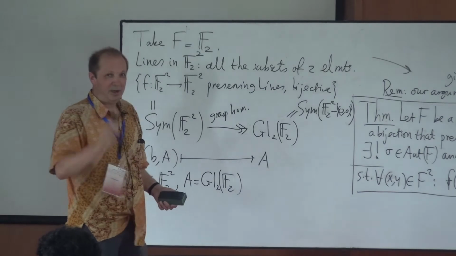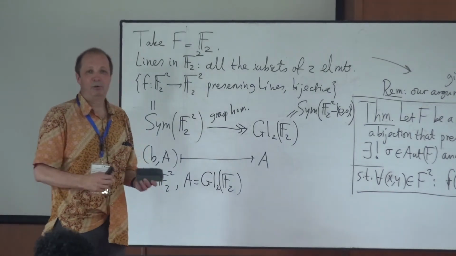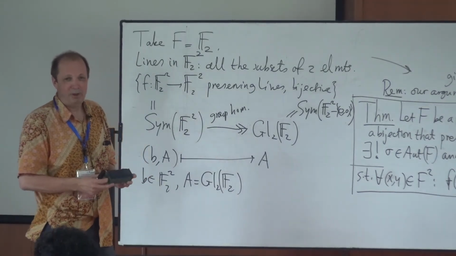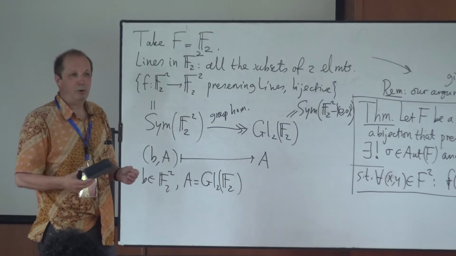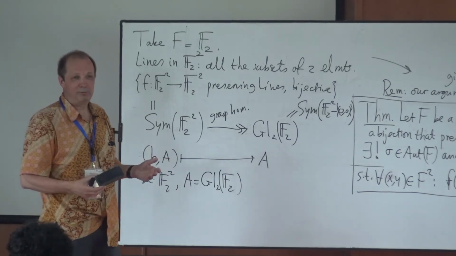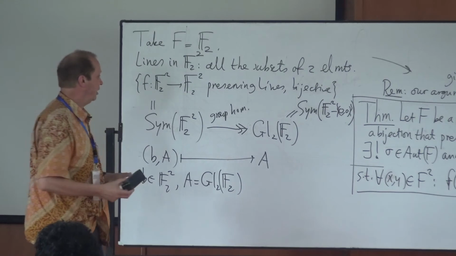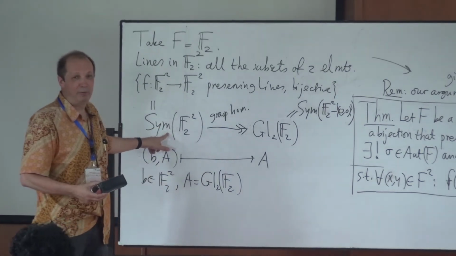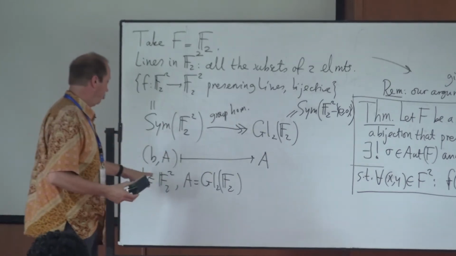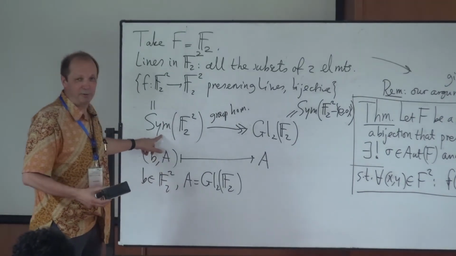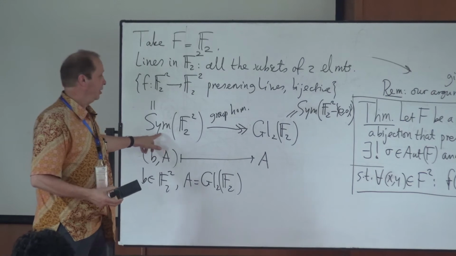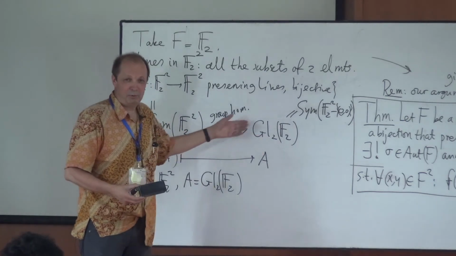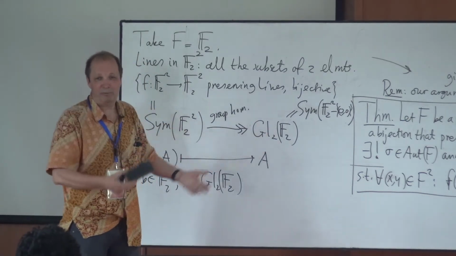Now I want to make a link to the Galois Theory course, because there you saw how to solve equations of degree 3, and I claim that this tells you how to solve equations of degree 4, because this is the group of permutations of 4 things, and it maps surjectively. It has a quotient that only permutes 3 things.